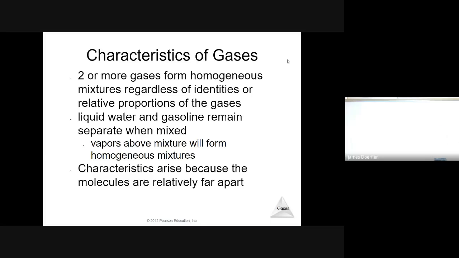If we try to mix two different types of liquids together, for instance, water and gasoline, they do not mix. They form heterogeneous mixtures. But above every liquid, especially at room temperature, there's always going to be some vapor of that particular liquid. So even though gasoline and water cannot mix to form a homogeneous mixture, the vapors from gasoline and water can mix to form homogeneous gas mixtures.